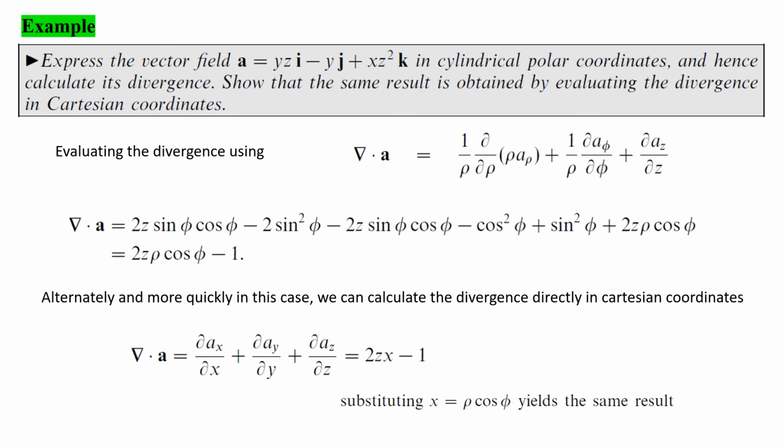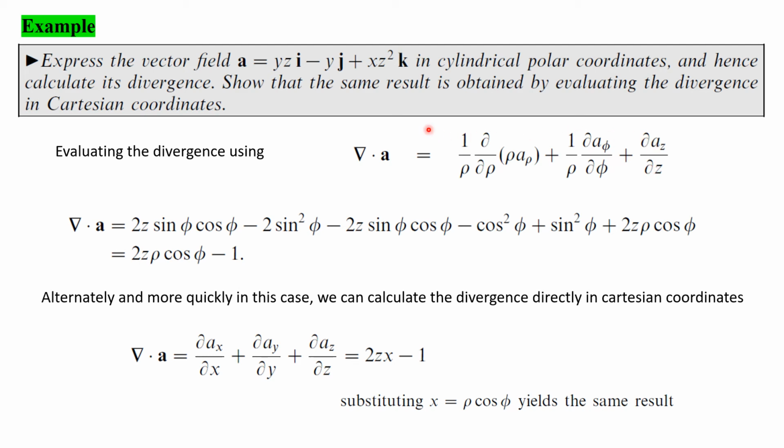Now let us take the divergence of the vector field A in terms of the cylindrical polar coordinates. Remember that the divergence, del dot A, is equal to this term here: 1/ρ ∂/∂ρ (ρ A_ρ) plus 1/ρ ∂A_φ/∂φ plus ∂A_z/∂z.